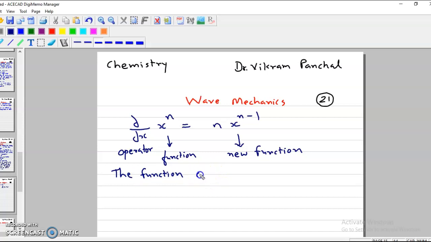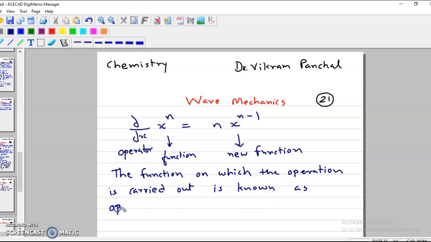The function on which the operation is carried out is known as the operand.